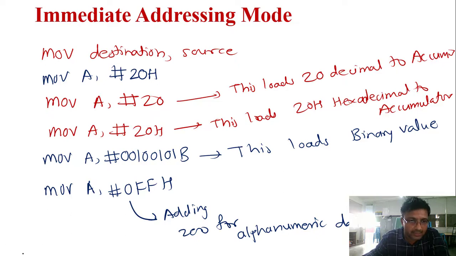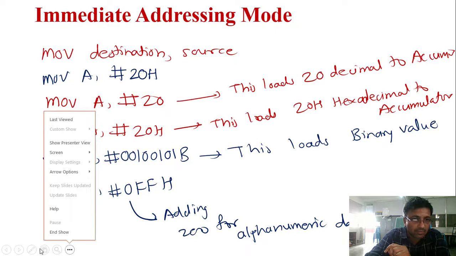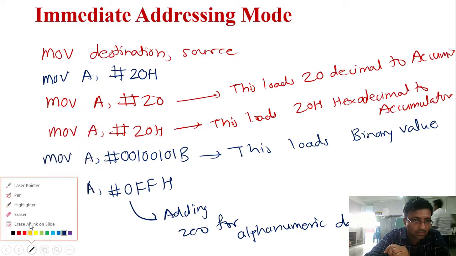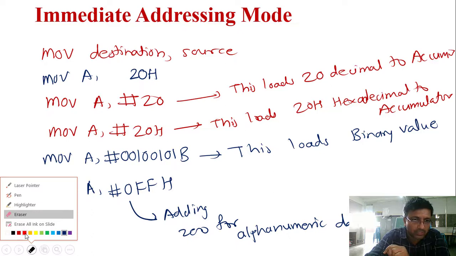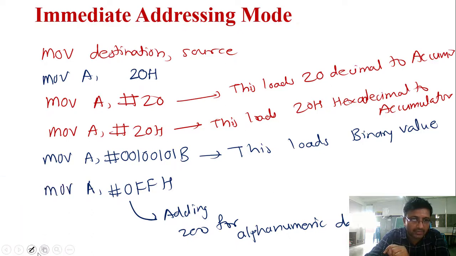And if I remove this particular hash, what will happen? If I write MOV A, 20h, this means it's a direct addressing mode. So these two things are different: which is immediate addressing mode and which is direct addressing mode. We'll see that.